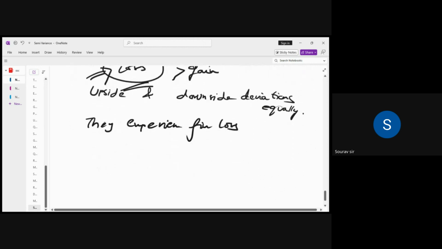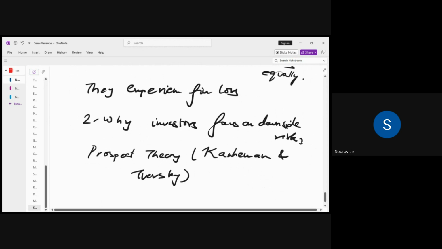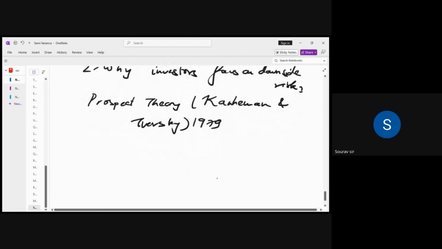Now, why do investors focus on downside risk? Because in behavioral economics there is prospect theory by Kahneman and Tversky. Very interesting. People decide according to how you frame things, nudging basically. According to behavioral economics, they worked on this only, Kahneman and Tversky.